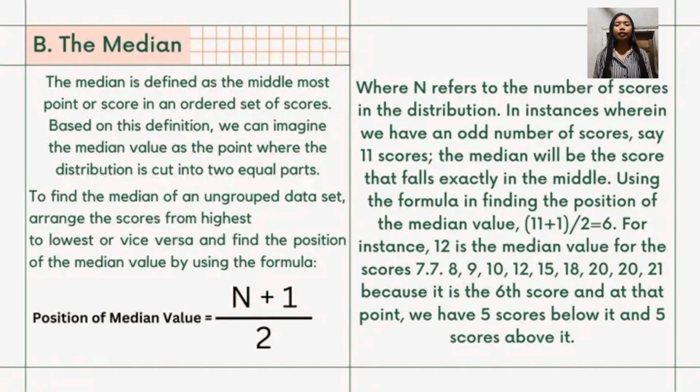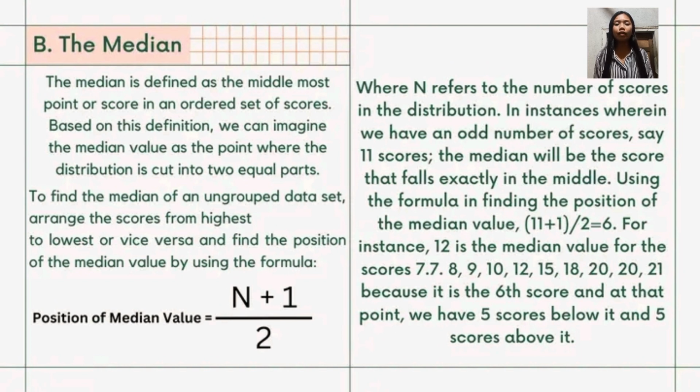The median. The median is defined as the middlemost point or score in an ordered set of scores. Based on this definition, we can imagine that the median value is the point where the distribution is cut into two equal parts.